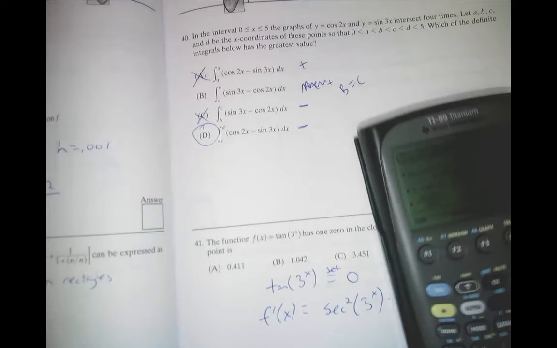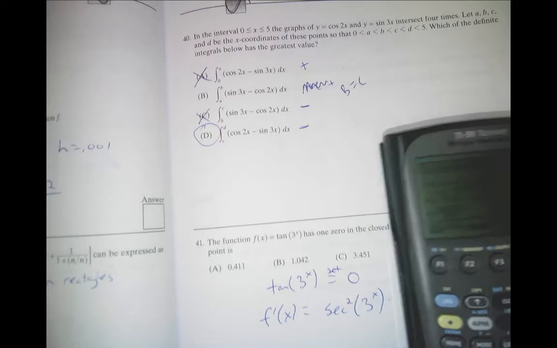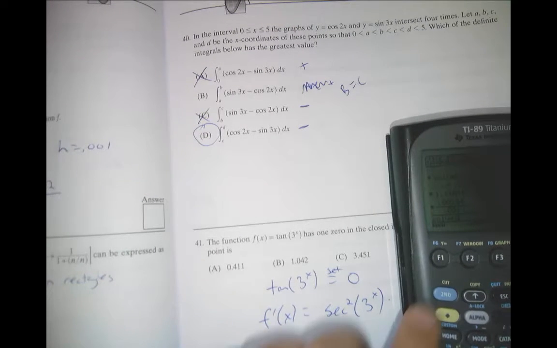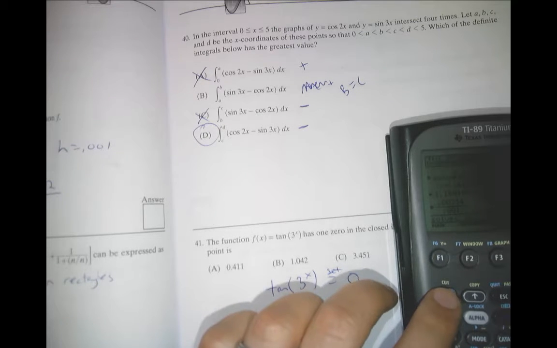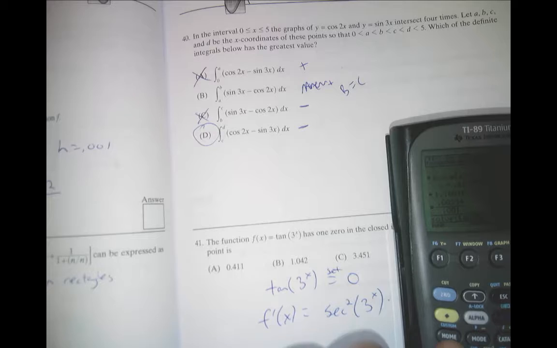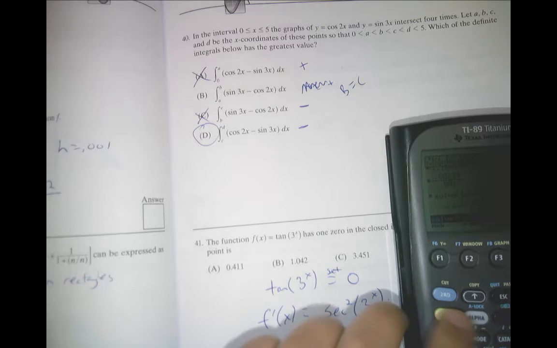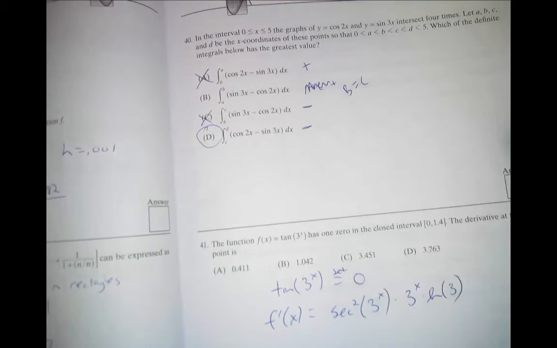First, we need to pull up F2 solve to figure out when the tangent of 3 to the x is equal to 0. Okay, cool.